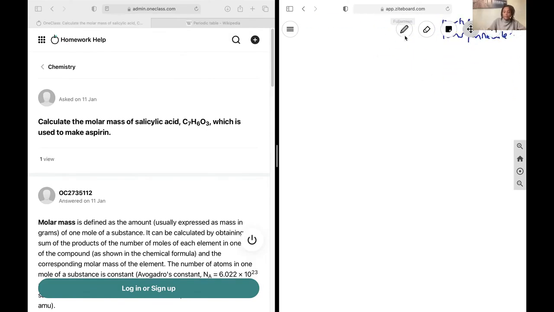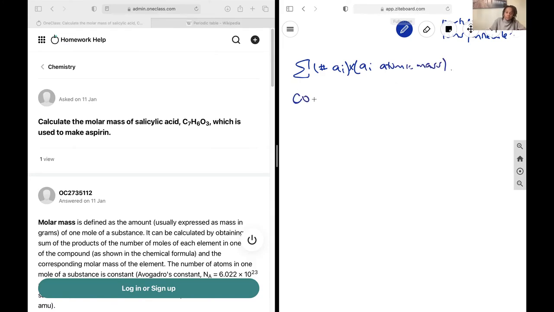And so the way that we usually calculate it is we will take the summation of the number of a specific atom that you have multiplied by that atom's atomic mass.